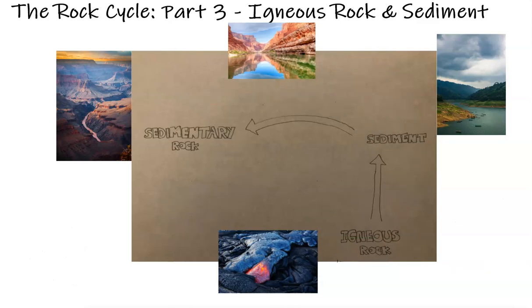So we discussed the granite and the basalt, and how they can be broken down through weathering to create sediment. The sediment are the little bits of rock created through chemical or physical mechanical weathering that takes place on the Earth's crust, or in the very top layer of the crust, exposed to the elements over a certain amount of time.